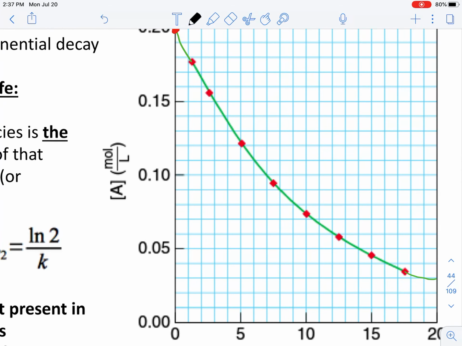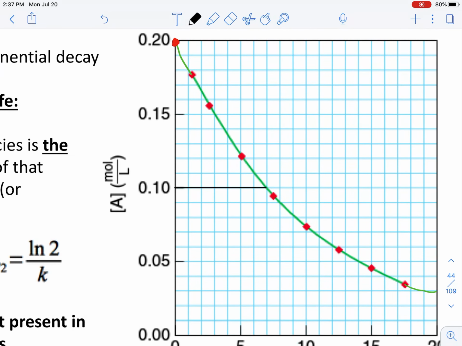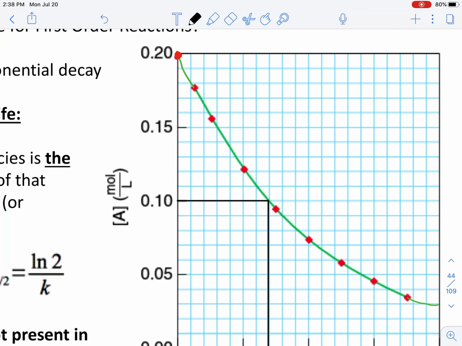What we're going to do is basically draw a line. Notice that when this black line touches this exponential decay graph, this green line, it's going to tell us how much time it took for the original value to reach half of its original concentration, right?